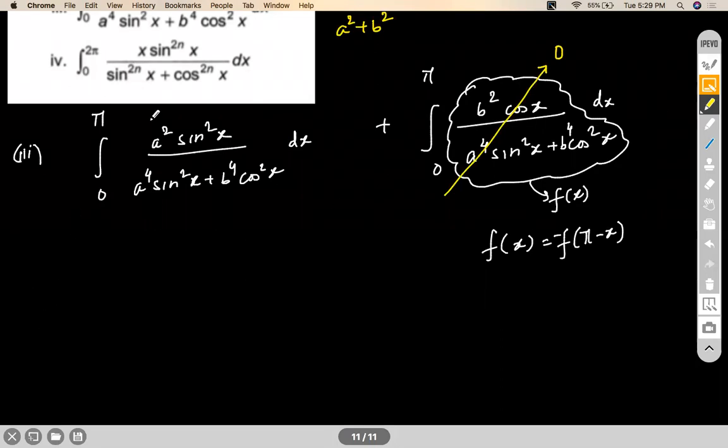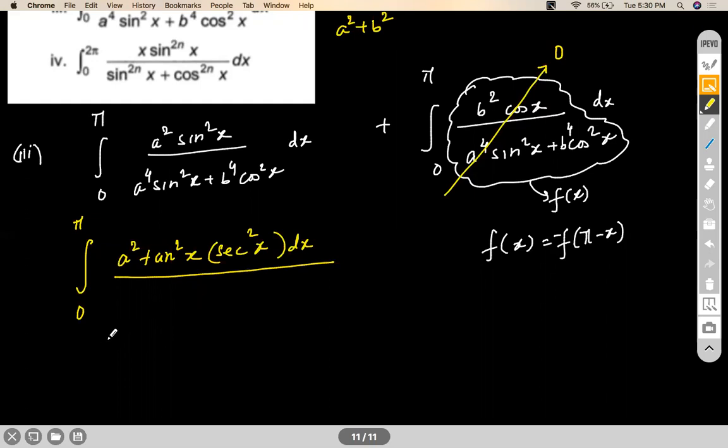Correct? In this part, divide by cos to the power 4. Okay, so if you divide by cos to the power 4, you will end up getting tan square x secant square x. Or we can do one thing. Okay, fine, let it be as it is.